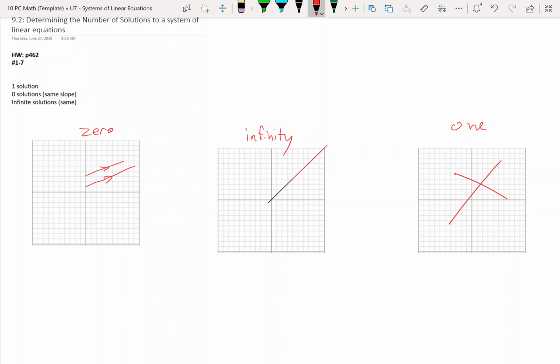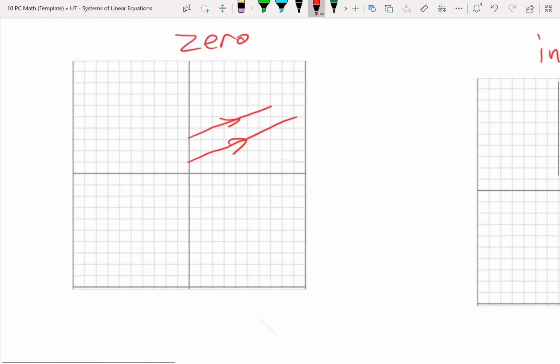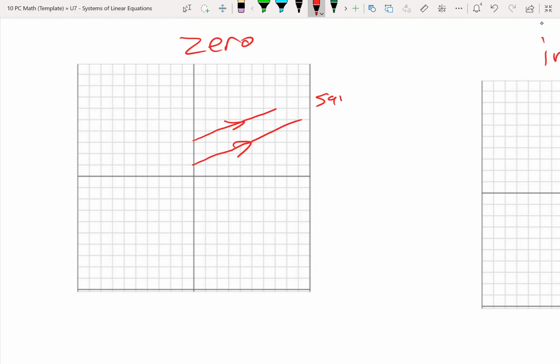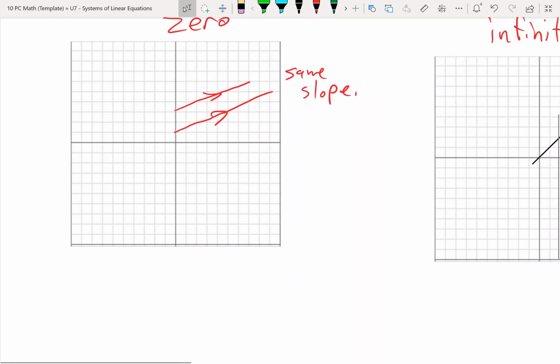Now, looking at these examples, if it has a graph, it's really easy to see. Using an equation, we want to figure out how we can see these working. So let's actually do this one first, because we said these have the same slope. So in an equation, we need to be able to write two equations that have the same slope.